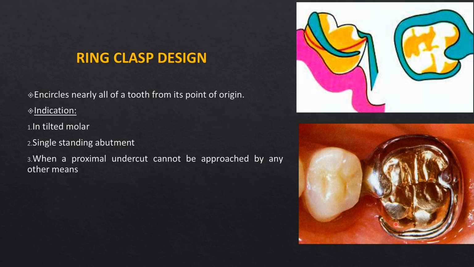And usually this clasp is typically used on severely tilted mandibular third molars or the mandibular second molars when the first or second molar is missing for a long time and the last or the terminal molar has tilted and the undercut lies on the lingual side of the abutment tooth. So that is the only case where you would use a ring clasp.